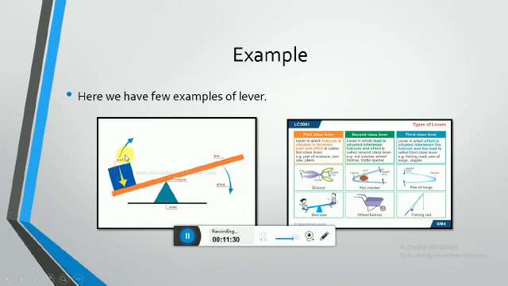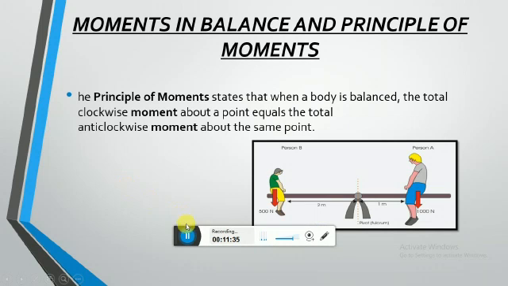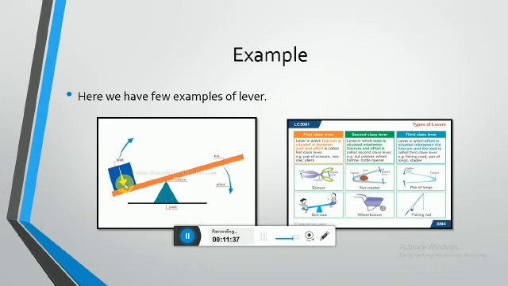So the conclusion is, in class 1, the fulcrum or pivoted point is at the center, the applied force or effort is on one end, and the load is on the other end. The remaining two cases, second class and third class, have different combinations.